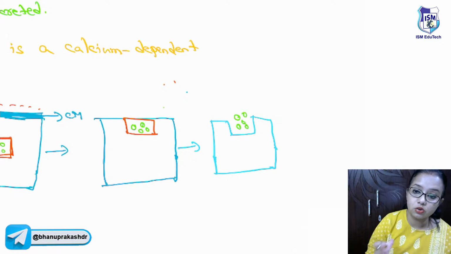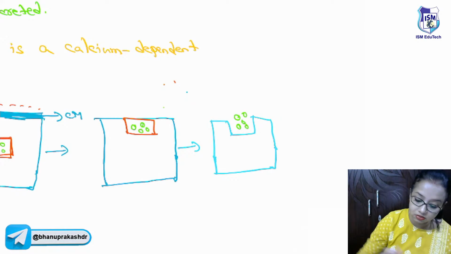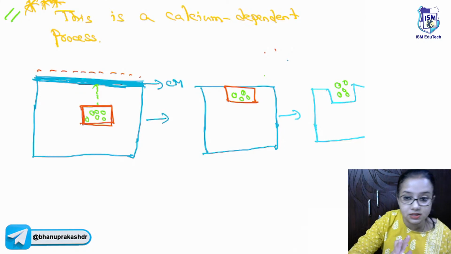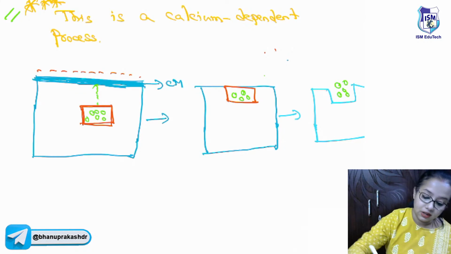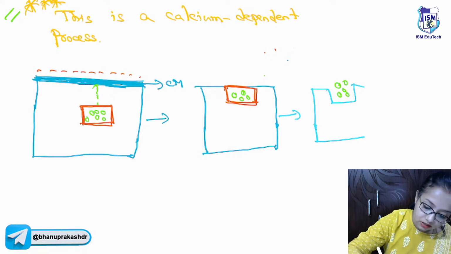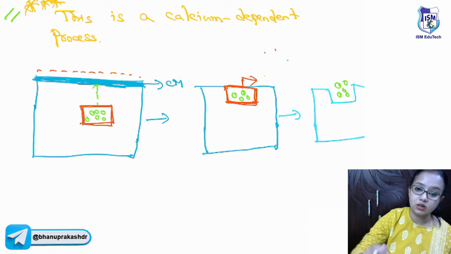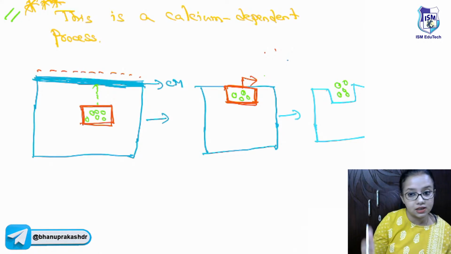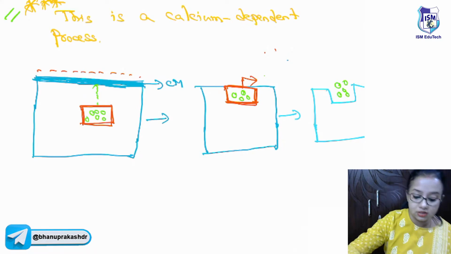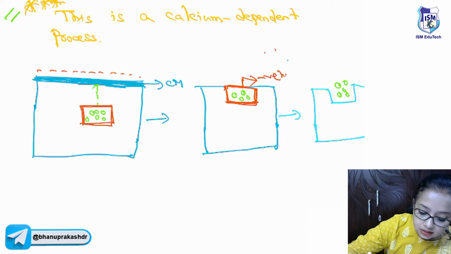Now, what role does calcium play here? See, this cell membrane is negatively charged. And this is a vesicle, right? Now, this vesicle is a sac that has a membrane again. So anything that has a membrane will have the same composition as the cell membrane. So this is also negatively charged.